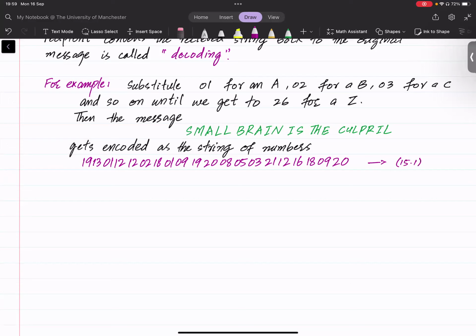Now, if you make the two pairs, you will understand what letters we are talking about. So let's make two pairs. Right?